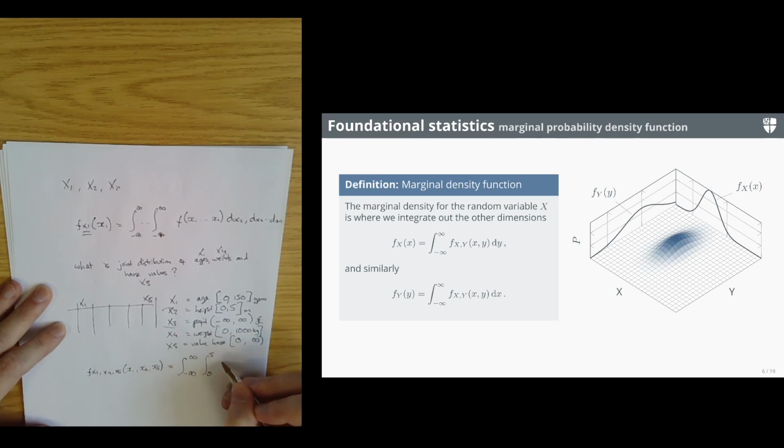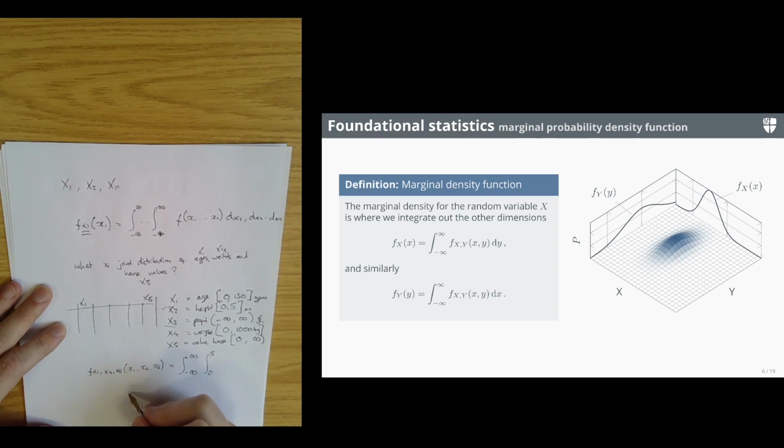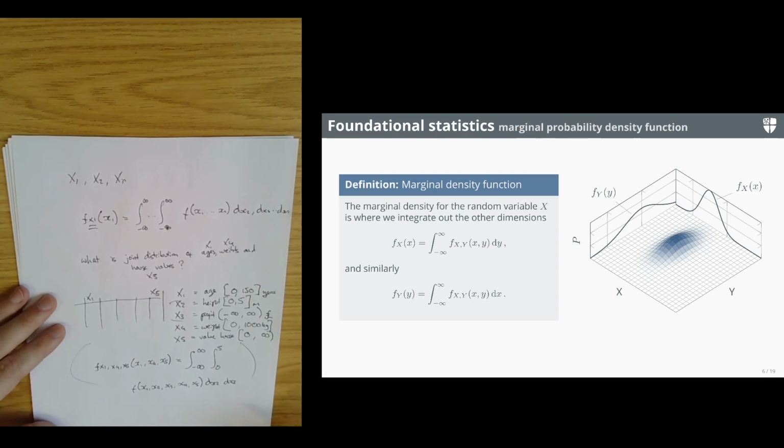And then we have to evaluate for all variables, so it's going to be f of x1, x2, x3, x4, x5, but we're only going to integrate over dx2 and dx3. So that's what we would do. We'd integrate out the other dimensions. So you can get rid of variables simply by integrating them out.